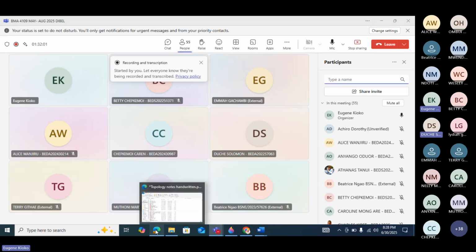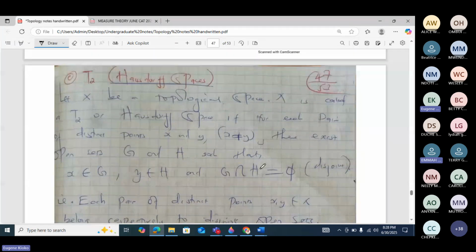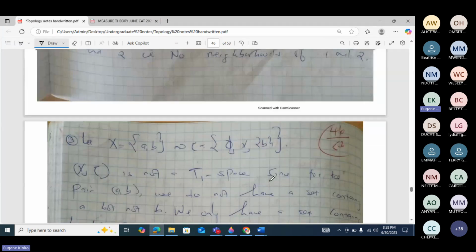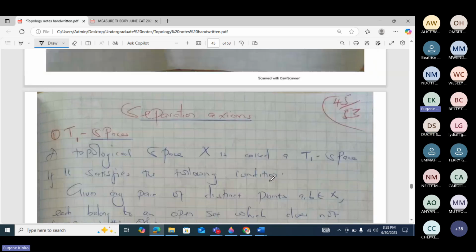The last topic is about what we call topological axioms. Now, in most cases, I give this one as an exercise. You go read, you go try to solve somehow a tricky one.